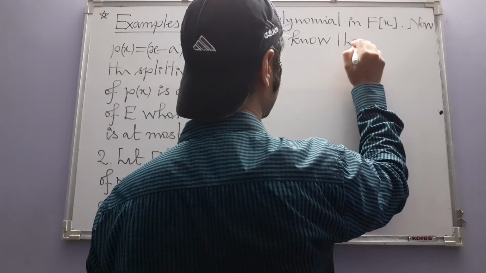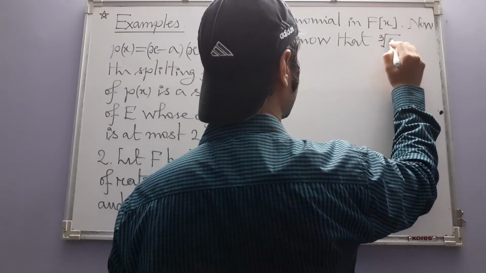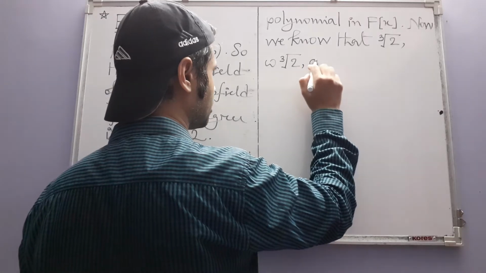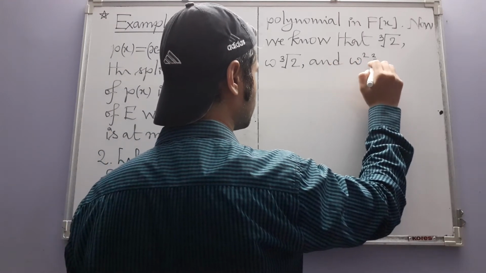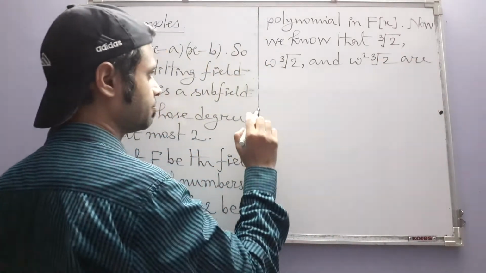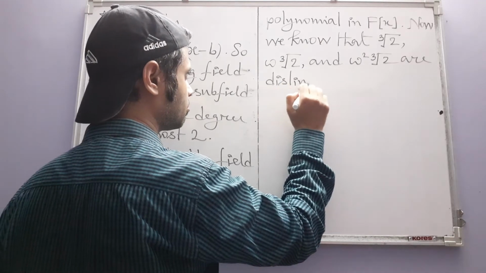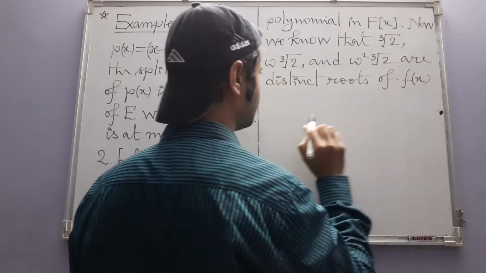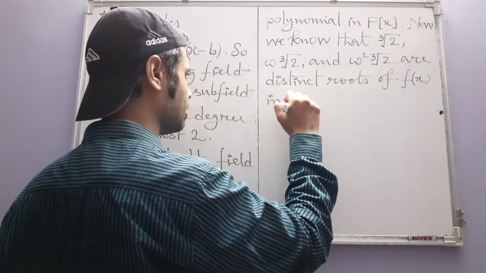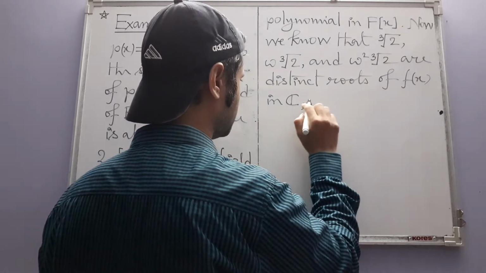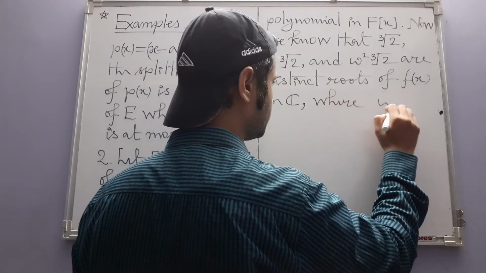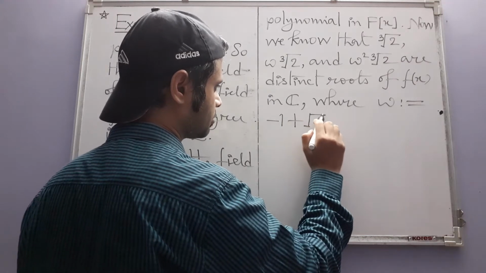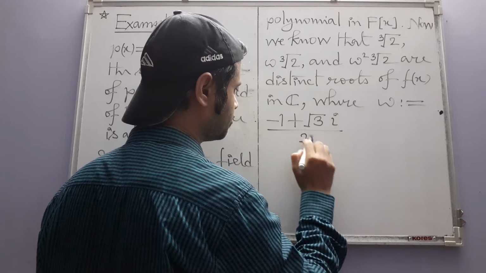Now we know that cube root of 2, omega times cube root of 2 and omega square times cube root of 2 are distinct roots of fx, let's just mention that also, in the field of complex numbers, where omega is this complex number -1 plus square root of 3 times i divided by 2.